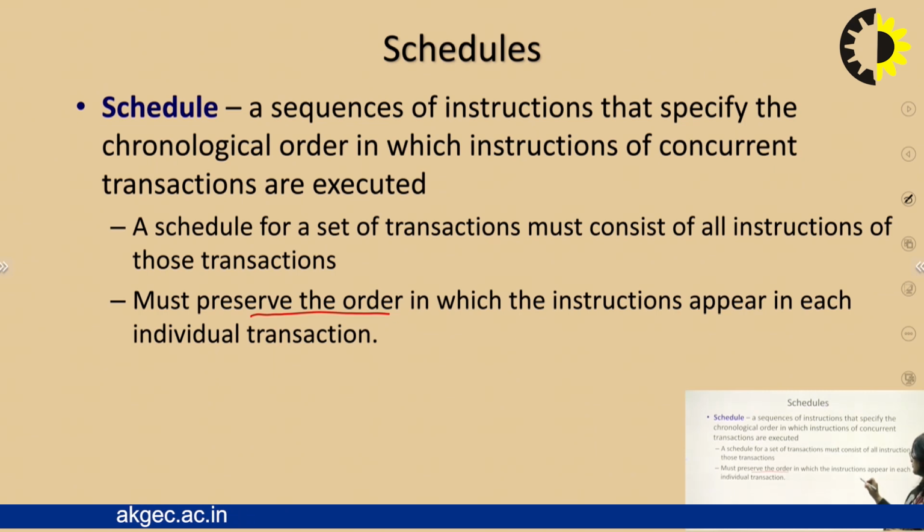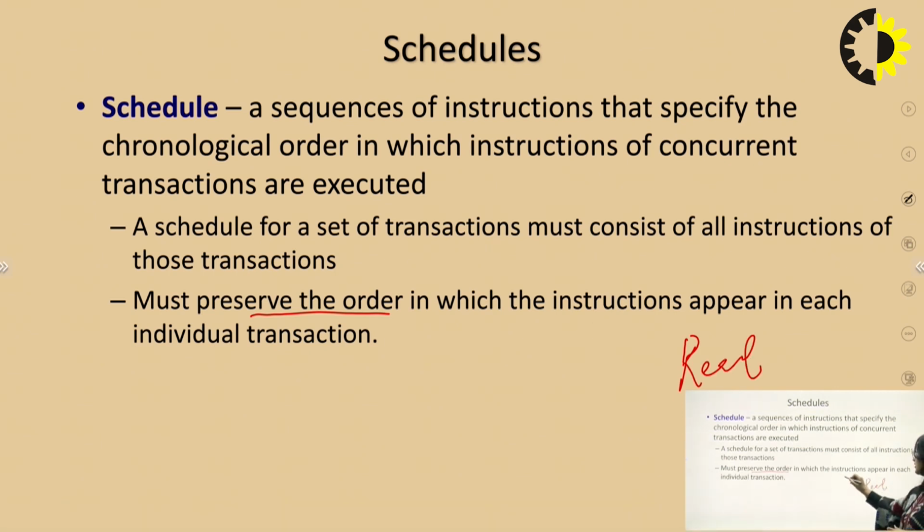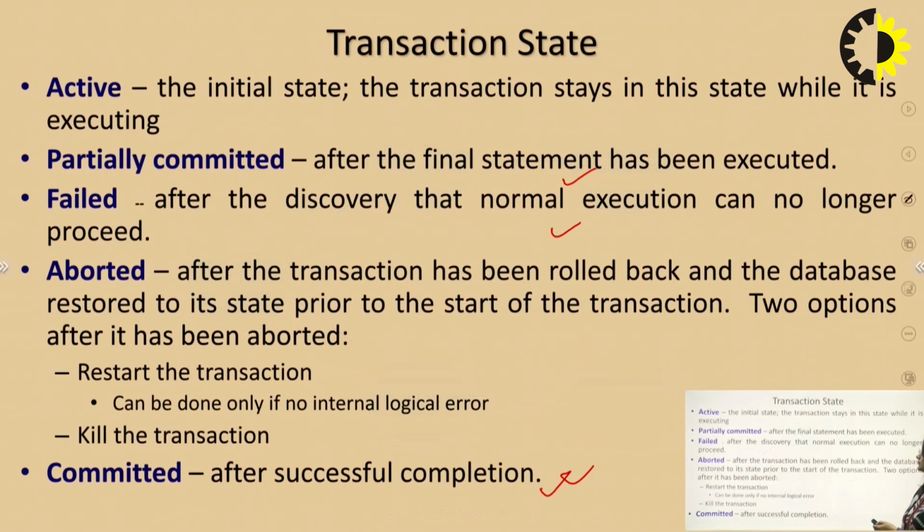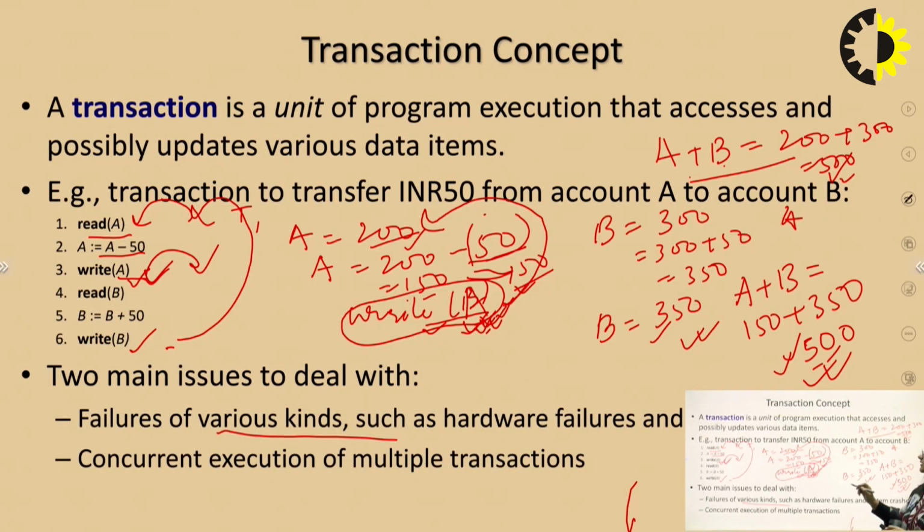Let's suppose it is not following the order. If the order is write A and then read A, and the updated value of A is 500, and before writing it we read the A amount, then A can show the earlier value. We can see here that this was the order: we have to read account A, then update it by minus 50 from account A, and then write the value.